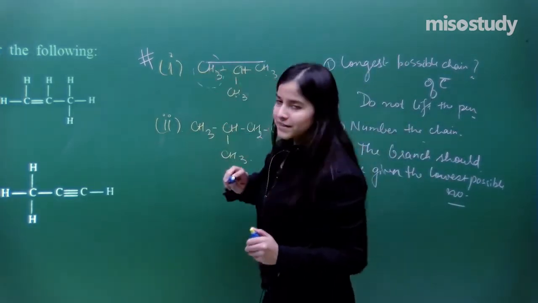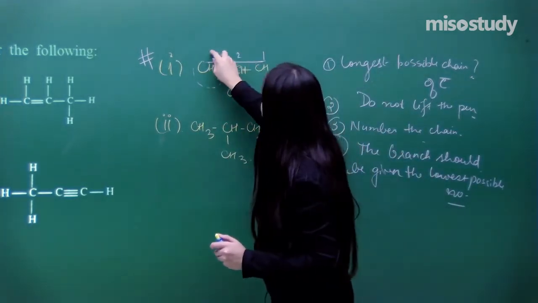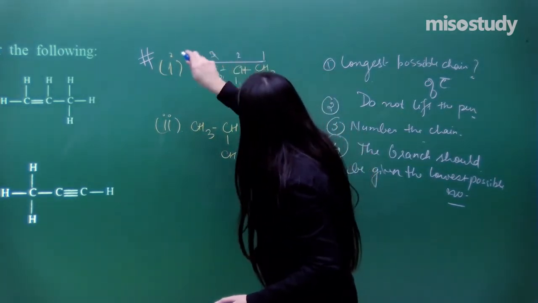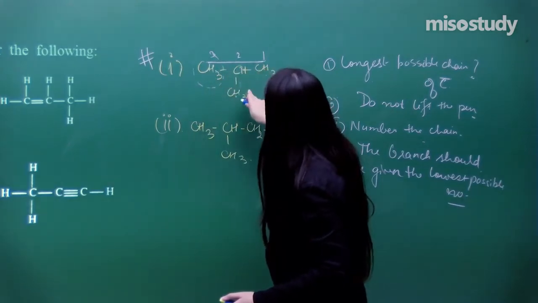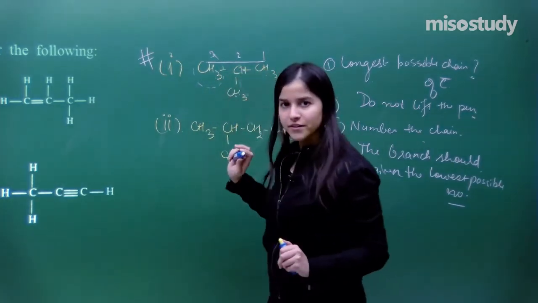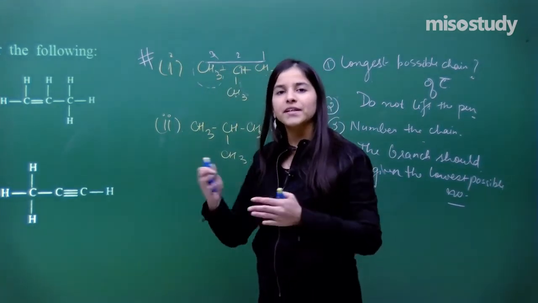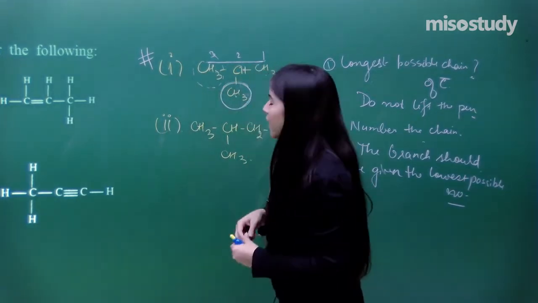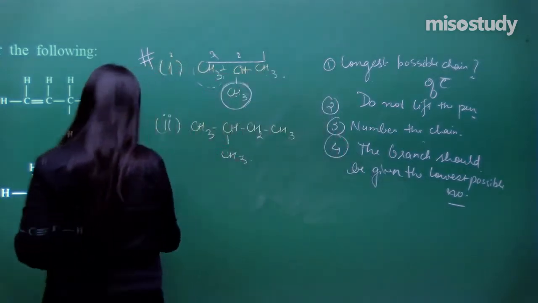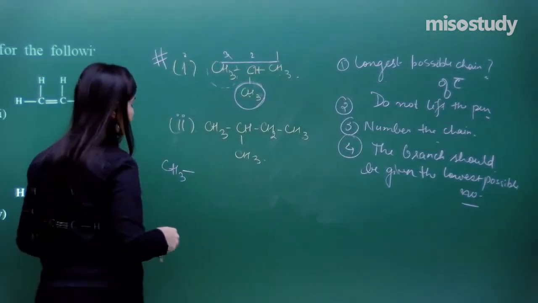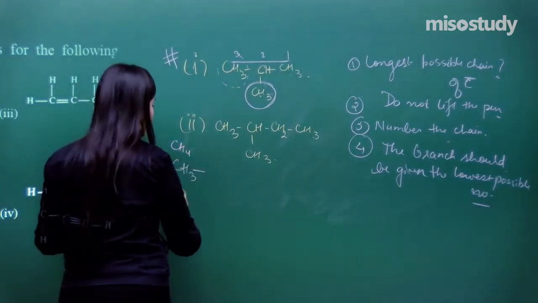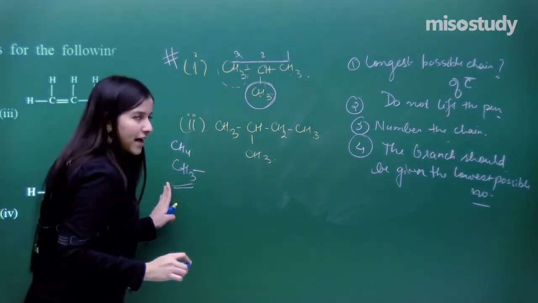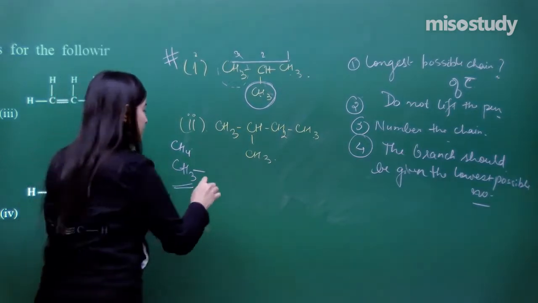So I need to number this chain as 1, 2 and 3, fine. Now if I had numbered from this side 1, 2, 3, then also this branch would be getting number 2. So I can do it either way. So what group do I have? Tell me, what is the group here? CH3 dash. If this is methane, then this is going to be, if this is alkane, this is going to be alkyl. If this is methane, this is going to be methyl.